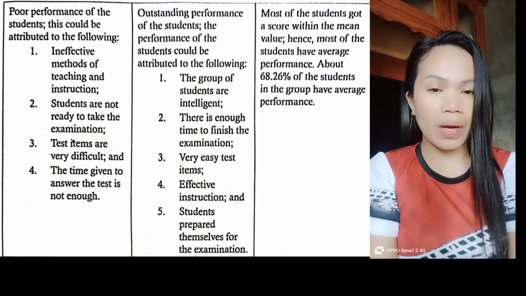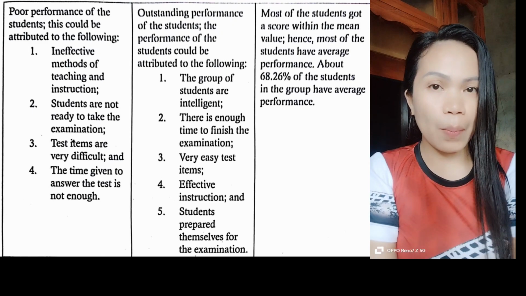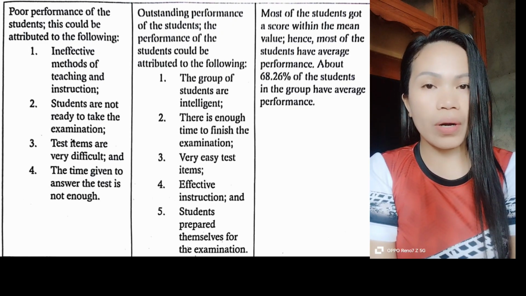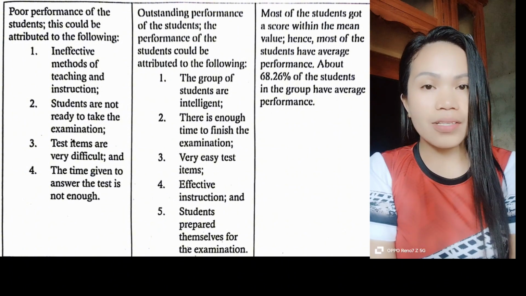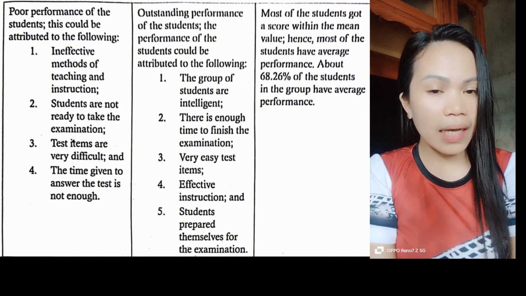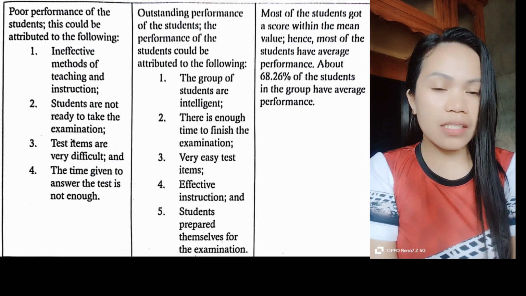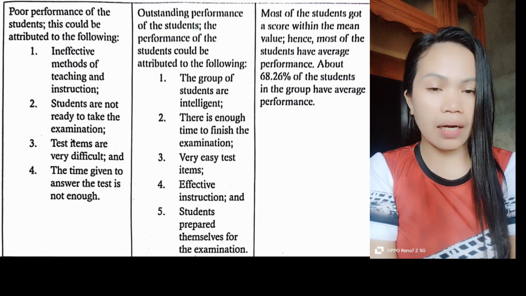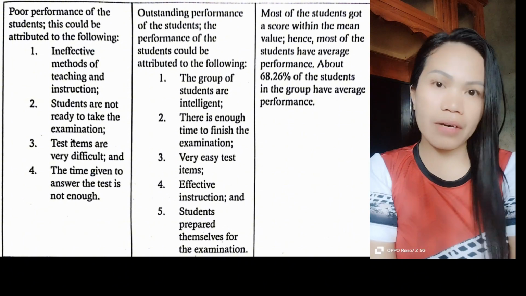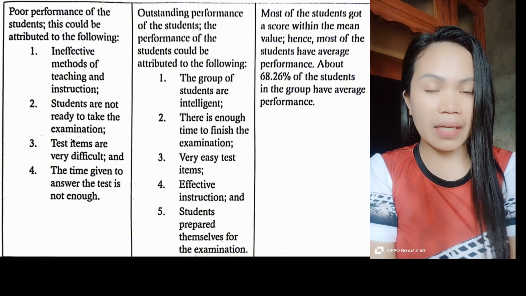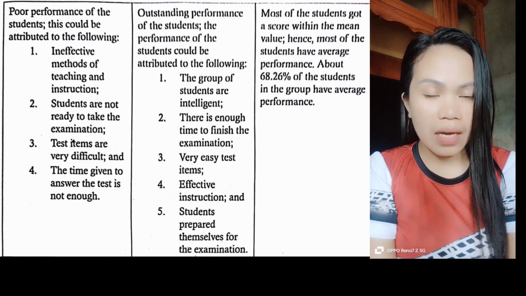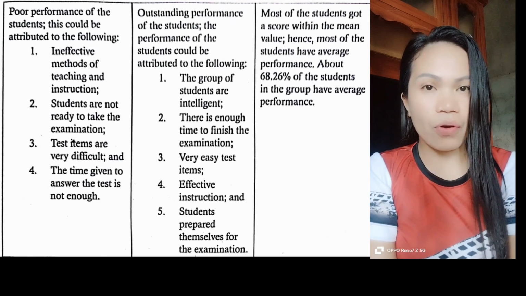Okay, and then for number 4, the time given to answer the test questions is not enough. For example, the test has 50 items and you only give them at least 30 minutes, so the time is not enough. That's the reason why they got poor performance.